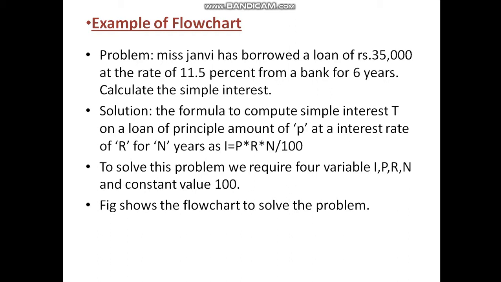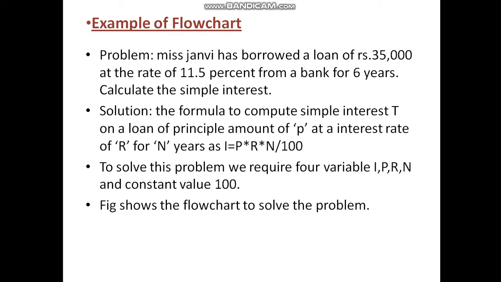Solution. The formula to compute the simple interest I on a loan of principal amount P at the interest rate of R for N years is I is equal to P cross R cross N divided by 100. We know that the formula of simple interest is I equal to PRN divided by 100. So to solve this problem, we require the variables I, P, R, N and the constant value 100.